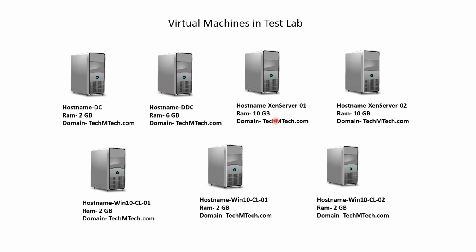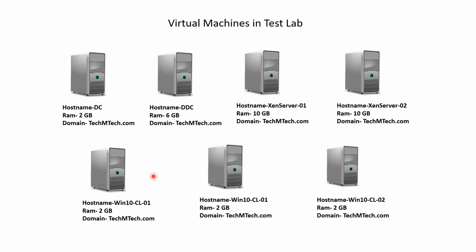And these two are my hypervisors, Xen Server 01 and Xen Server 02, and both are equipped with 10 GB of RAM. Why have I selected two hypervisors? If one of my hypervisors goes down for any reason, my end user should be able to connect to the second one without any interruption.